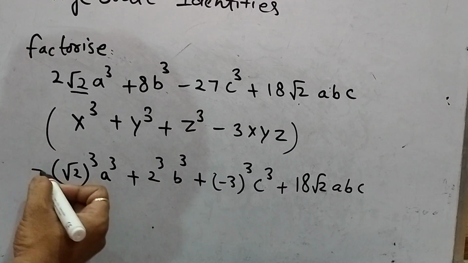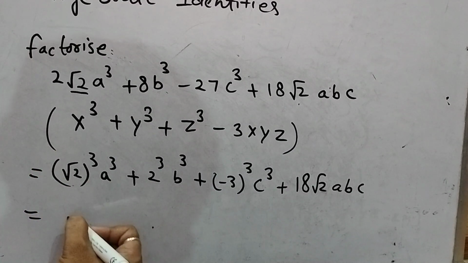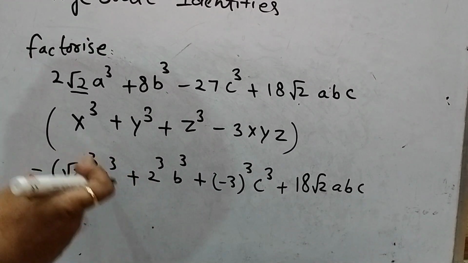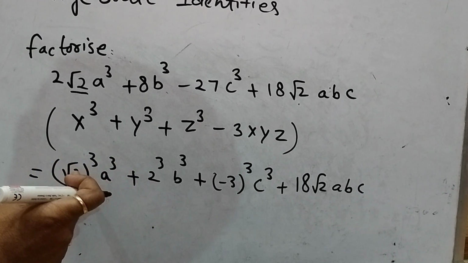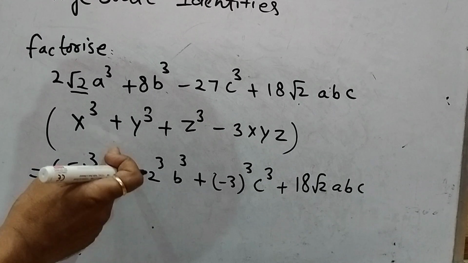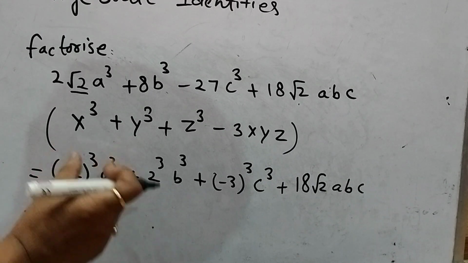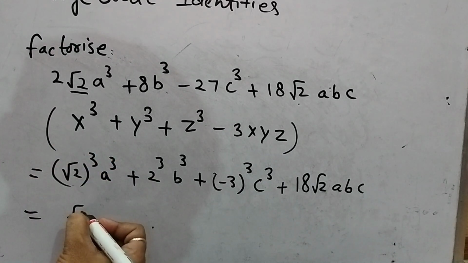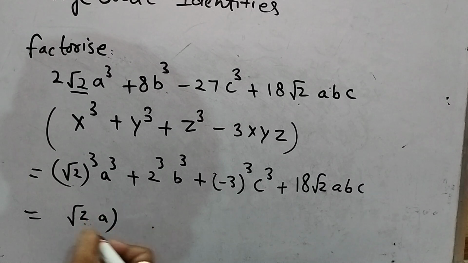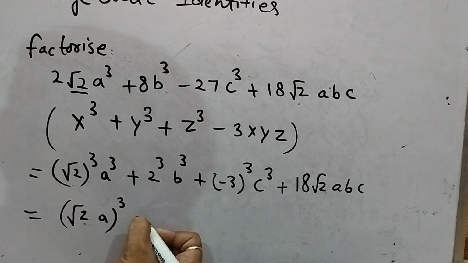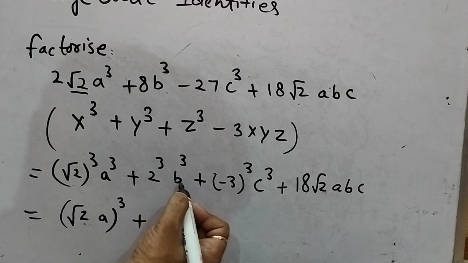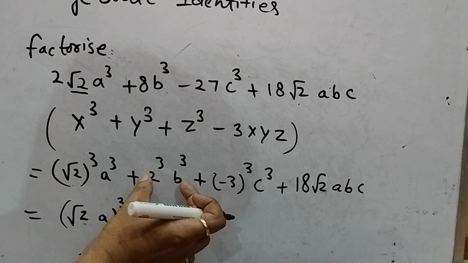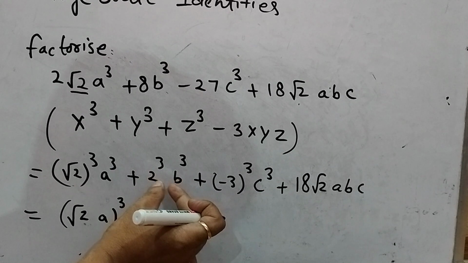Further we will make, this is a cube and this is b cube, and a cube into b cube equals (a into b) whole cube. So we can write it further like this. Again a cube into b cube equals (a into b) whole cube.